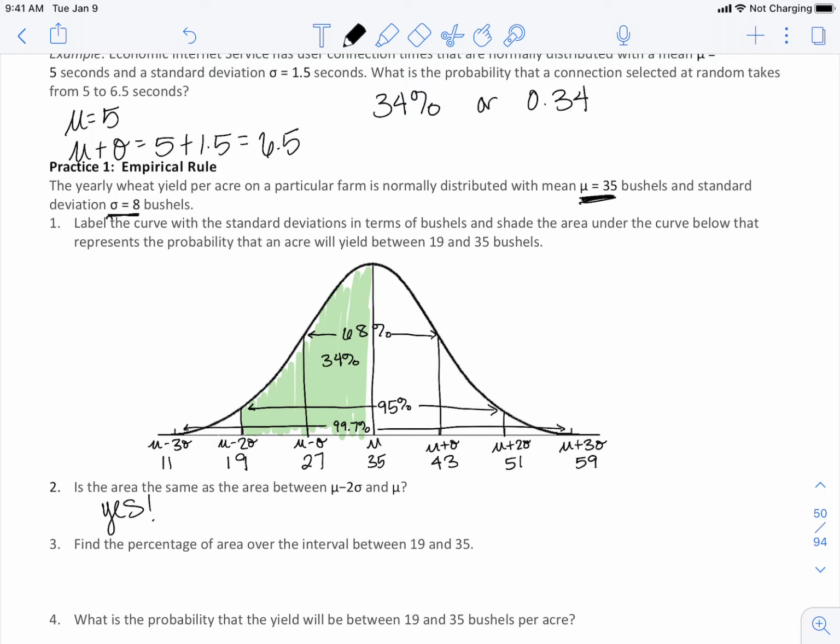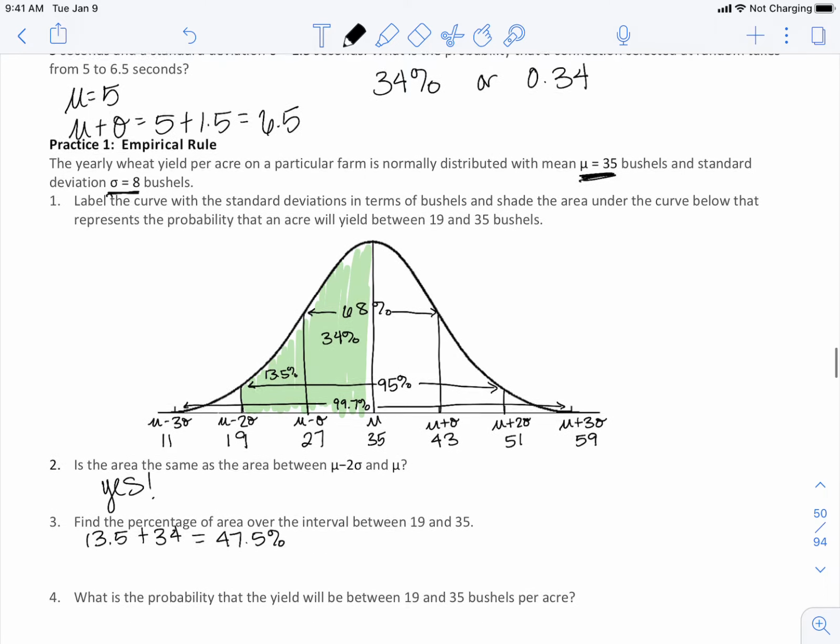And then I know if I take my 95, split that in half, and then take out the 34, this leaves us with 13.5% here. So we can add up the 13.5 plus 34, and that's going to give us 47.5%. We can also simply take 95% and divide that by 2, which also gives us 47.5.